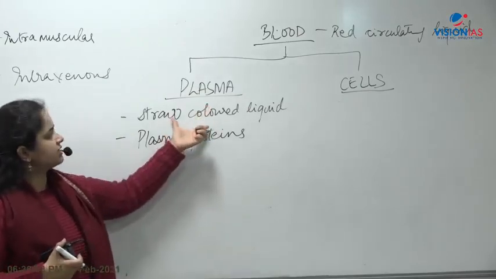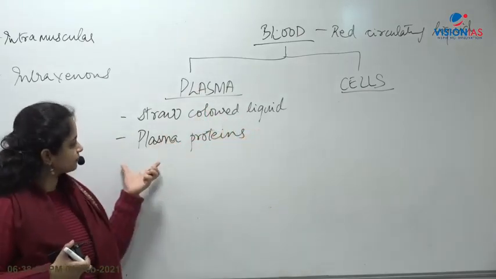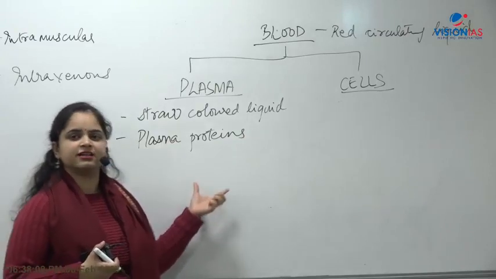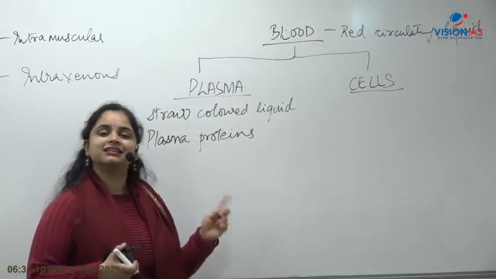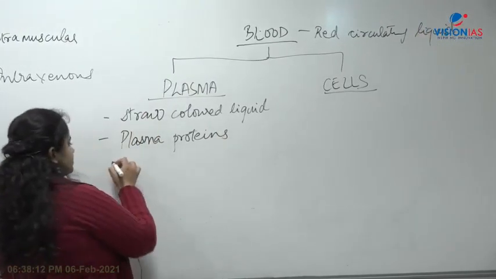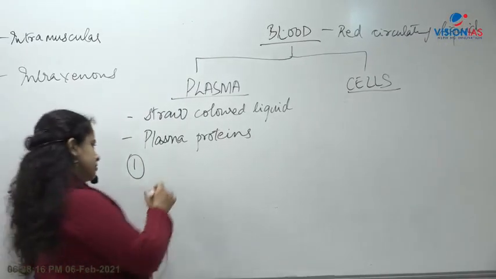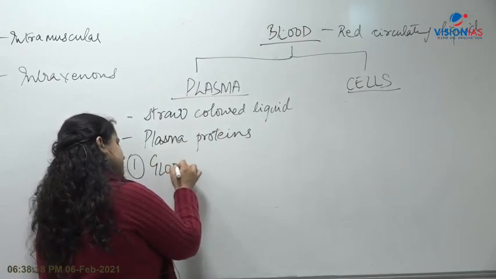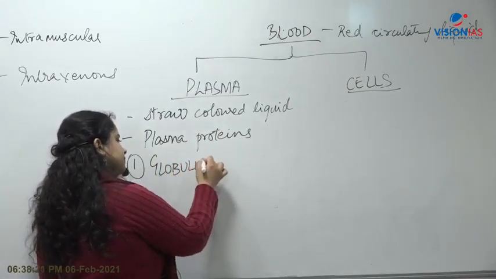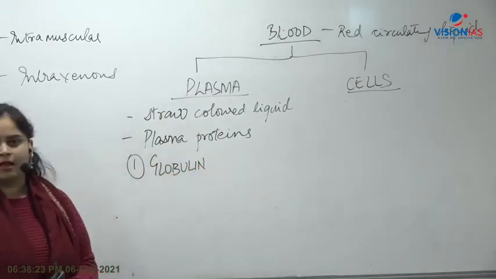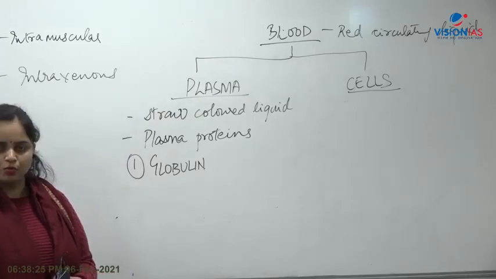The plasma is a straw colored liquid and the plasma contains proteins. There are three proteins in plasma. The first protein is globulin.